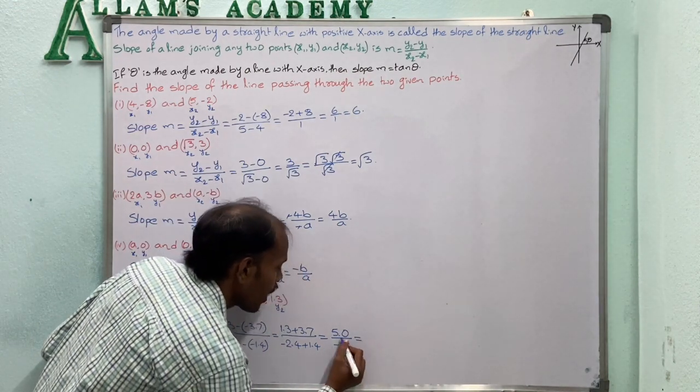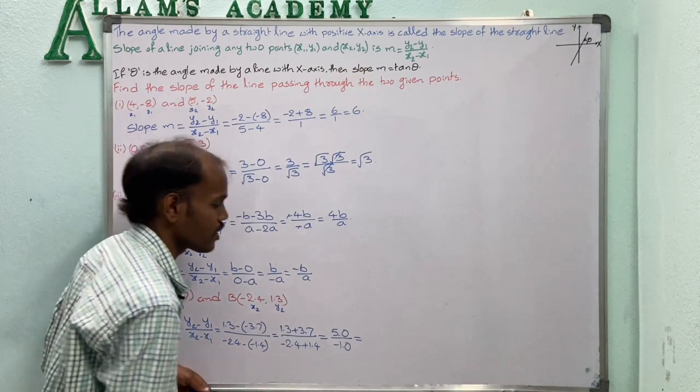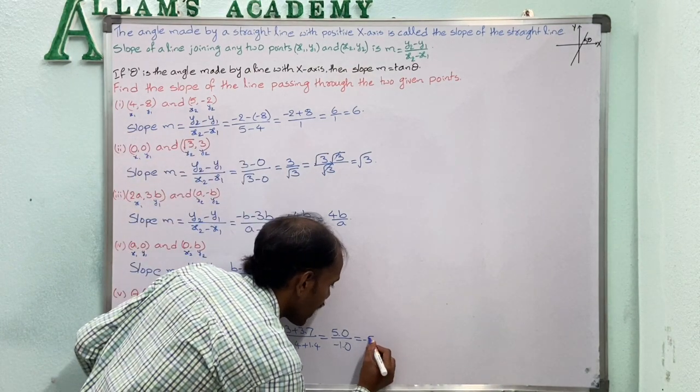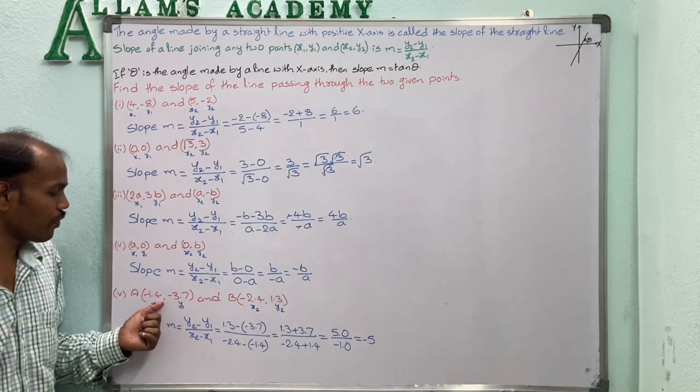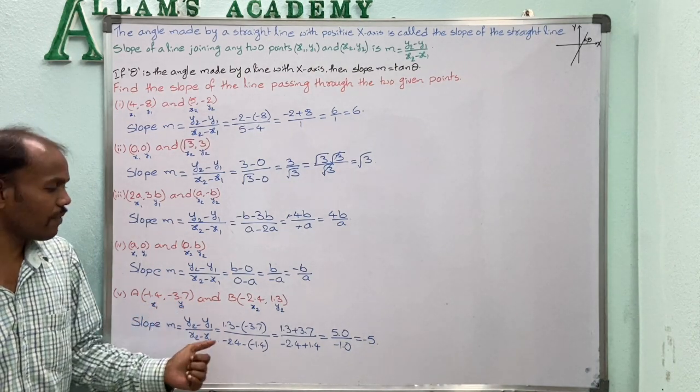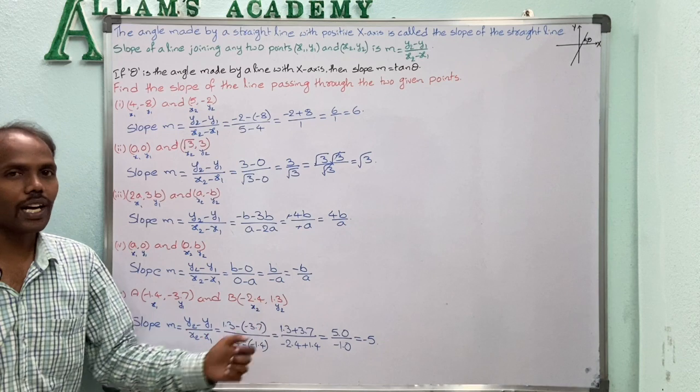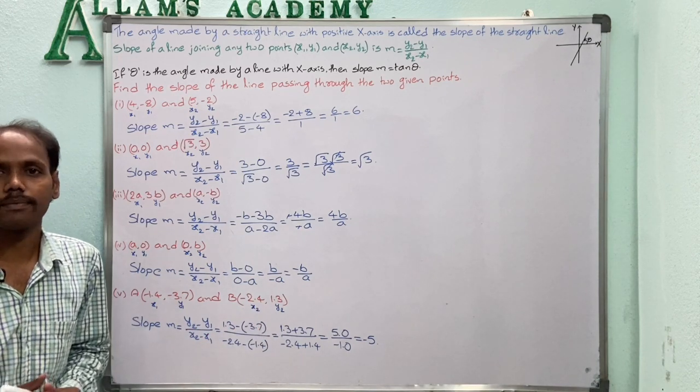So 5.0 by -1.0 is nothing but -5. It is the slope for the points (-1.4, -3.7) and (-2.4, 1.3).